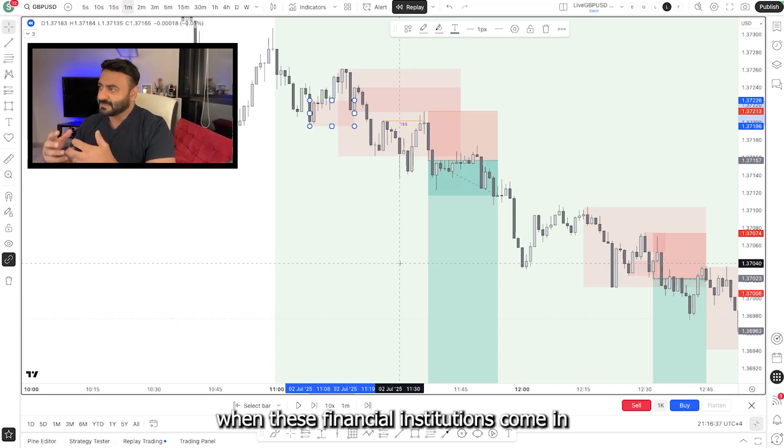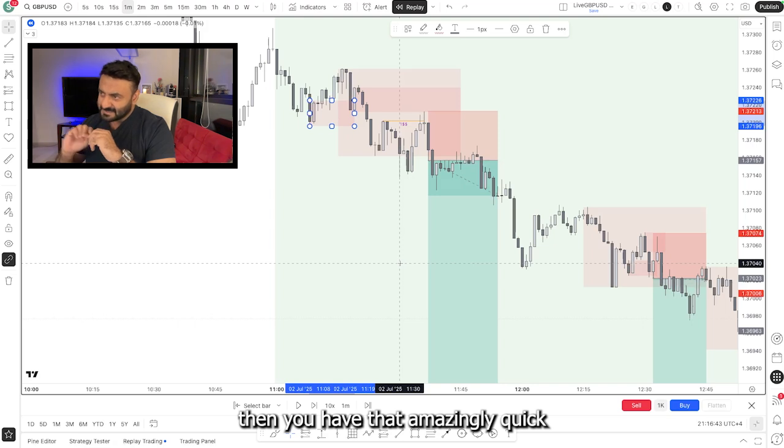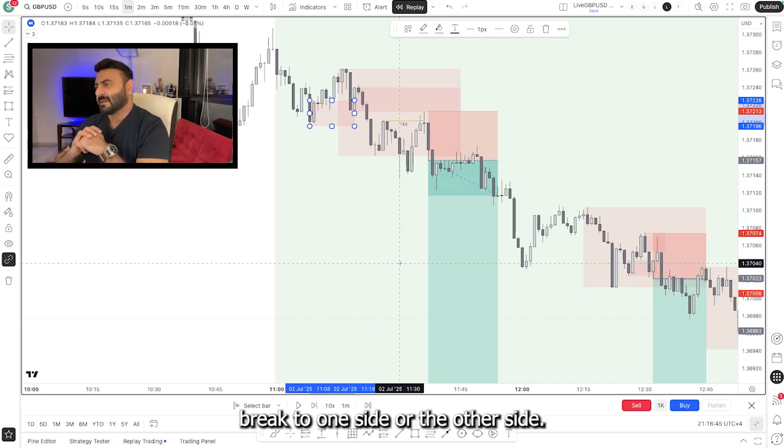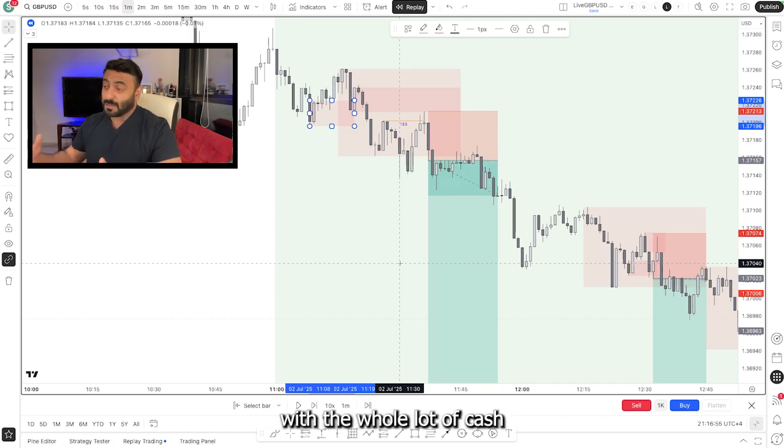What happens is when these financial institutions come in and they pump in a lot of money, and you have that amazingly quick break to one side or the other, that's a telltale sign, a footprint, if you will, that financial institutions have stepped in, or somebody with a whole lot of cash, and price has gone one direction, and now essentially the market is imbalanced.